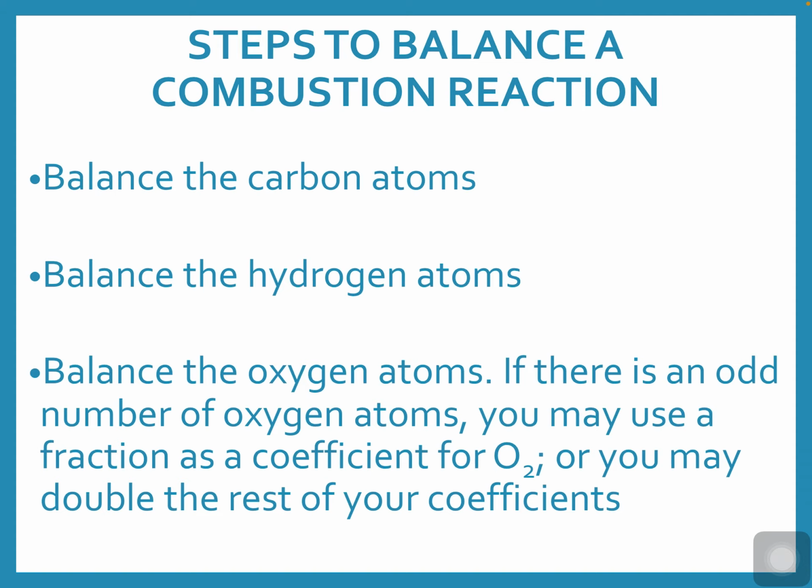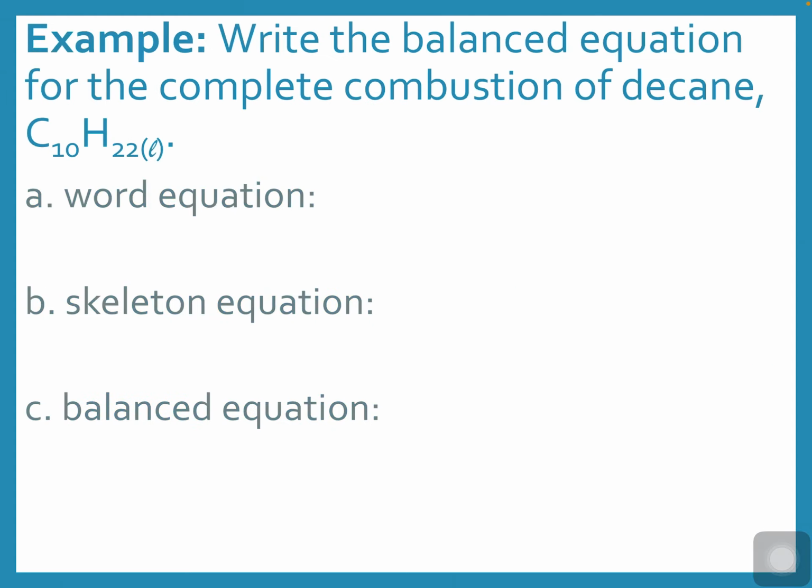So always start with balancing carbon atoms, then balance hydrogen, and then oxygen last. If oxygen is odd in terms of how many atoms there are, because they come in groups of 2, either use a fraction or double the other coefficients you already had, and then balance oxygen from there.